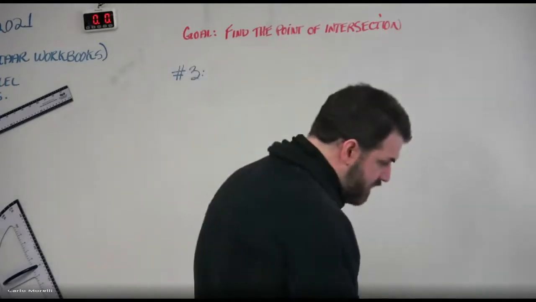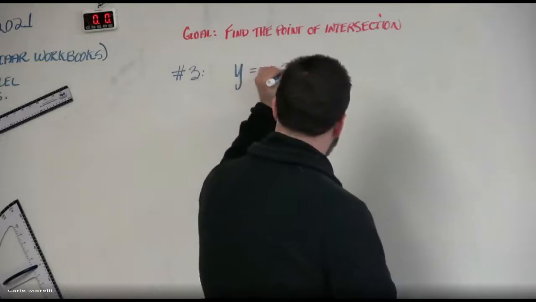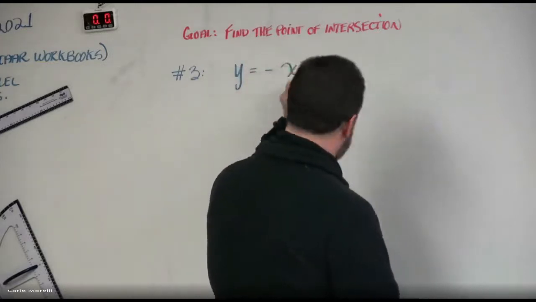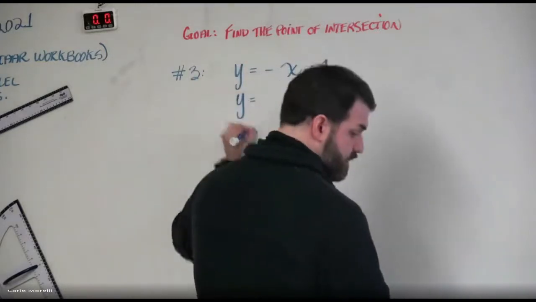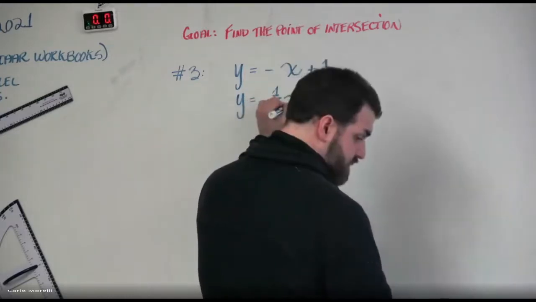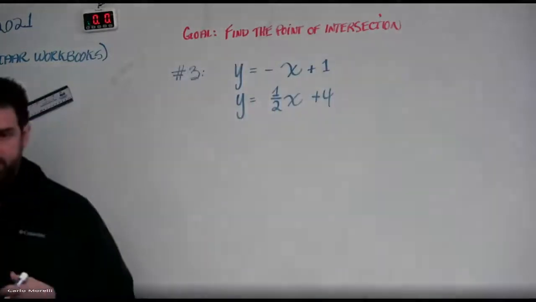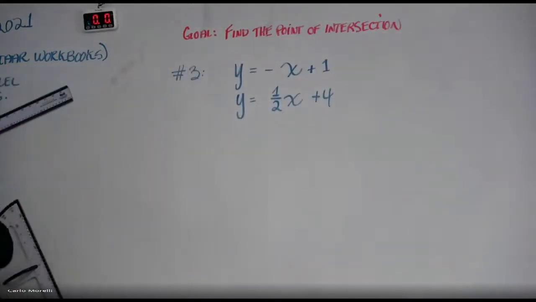So we were given y equals negative x plus 1 and y equals 1/2 x plus 4. Remember, if Jeremiah is as old as Charvin and Charvin is as old as Tabitha, then Jeremiah is as old as Tabitha.